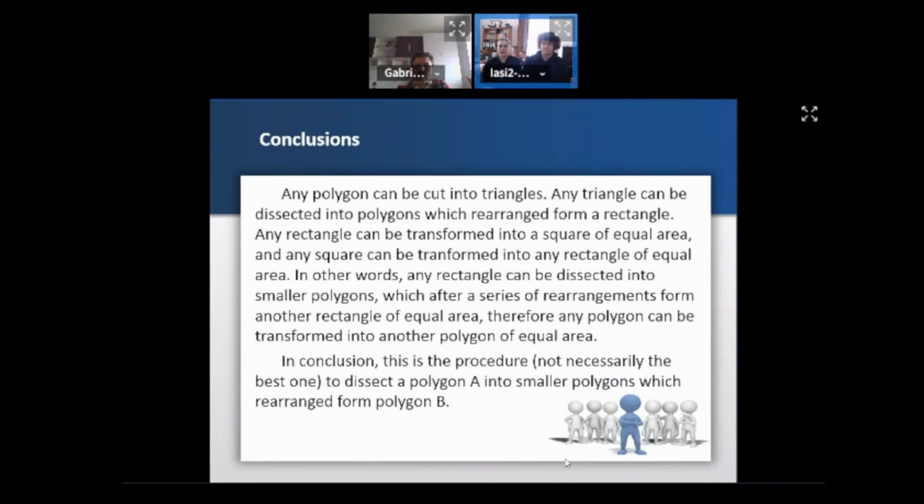In other words, any rectangle can be dissected into smaller polygons, which after a series of rearrangements form another rectangle of equal area. Therefore, any polygon can be transformed into another polygon of equal area. In conclusion, this is the procedure, not necessarily the most efficient, to dissect a polygon A into smaller polygons, which rearranged form polygon B.